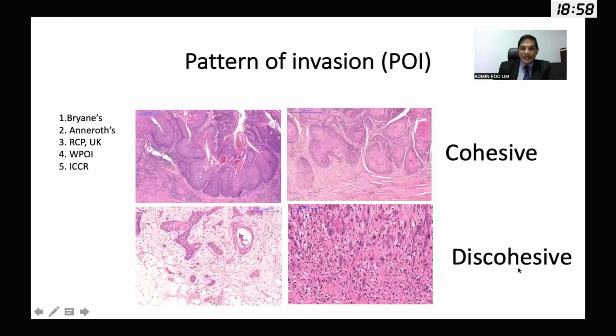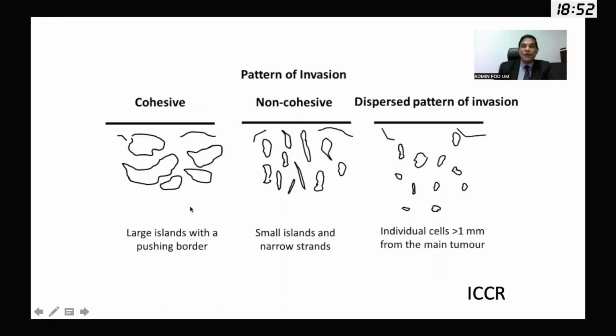So they are again discohesive, but in the ICCR, we label them as dispersed. In the ICCR classification, therefore, we have three patterns: the cohesive, non-cohesive, and dispersed. Now, the cohesive is mostly type 1, 2, and 3. The non-cohesive is type 4, and dispersed is type 5. So that is how it goes.